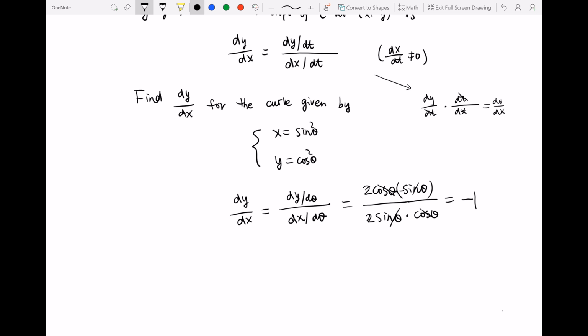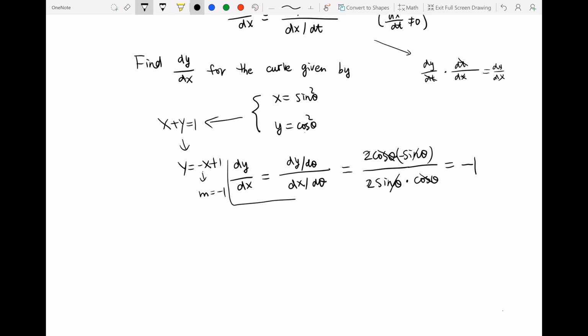Joshua. Very good. The rectangular equation for this one is, because cosine squared theta plus sine squared theta equals 1, x plus y equals 1. You can change this parametric equation into y equals negative x plus 1. What is the slope? Negative 1. Do you see that? Okay.